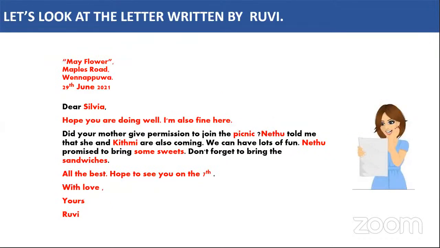Look at this. This is a letter. Who wrote it? This letter is written by Ruby. Can you remember in that dialogue between Dinu and Ruby, they talk about a letter that Ruby is writing to Sylvia?